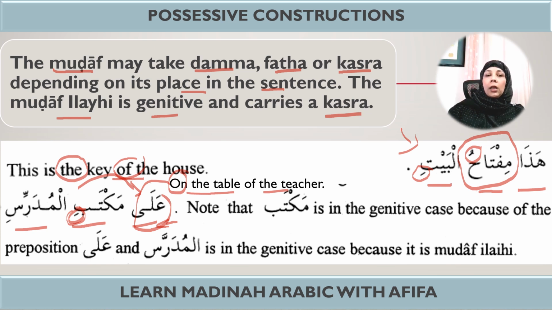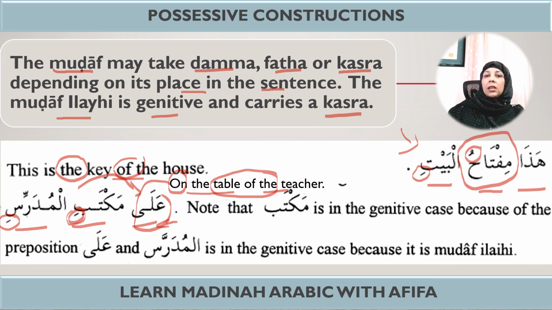Okay, so here what is the mudaf, mudaf ilayhi? So it is table of the teacher, right? So maktabi is the mudaf, and we see that it has a kasra here. Okay, and then al mudarrisi is the mudaf ilayhi, and it bears a kasra, right? Which is its normal position, to always show a kasra for the mudaf ilayhi.